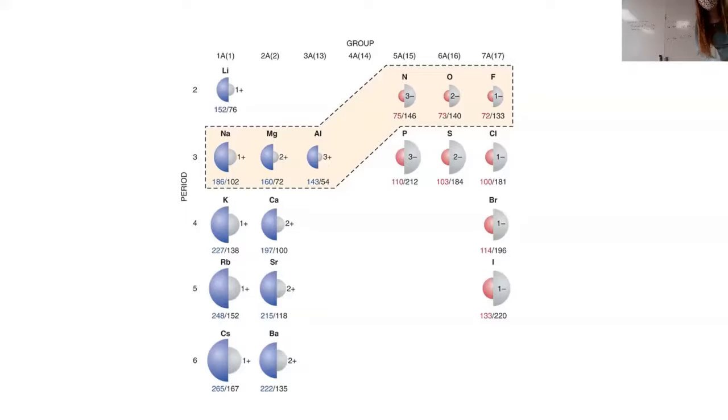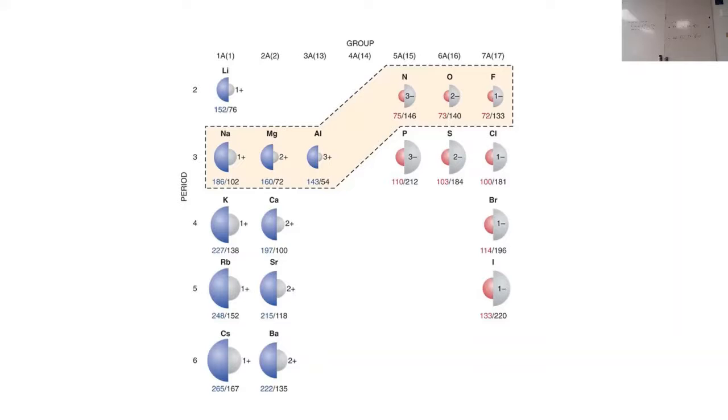And then if I look at barium, I'm going from 222 for neutral and 135 for the 2+. So as a general rule, within the same row or period on the periodic table, the 2+ will be smaller than the 1+, the 3+ will be smaller than the 2+.